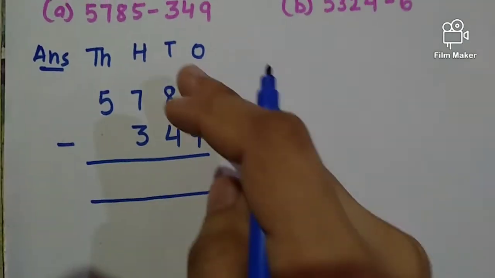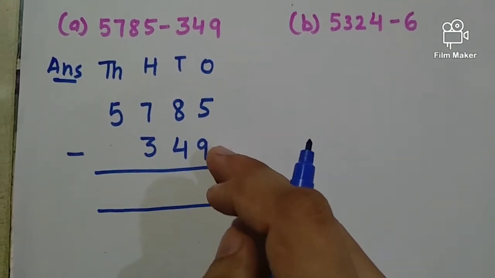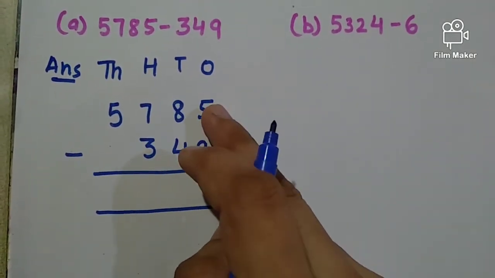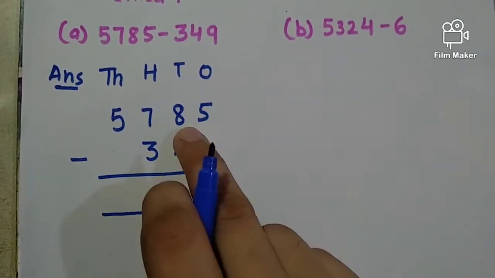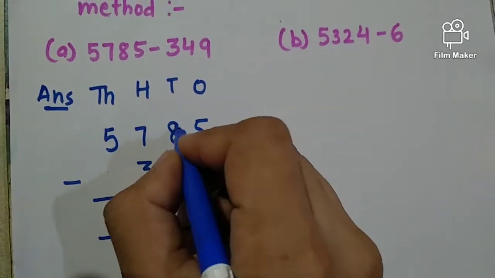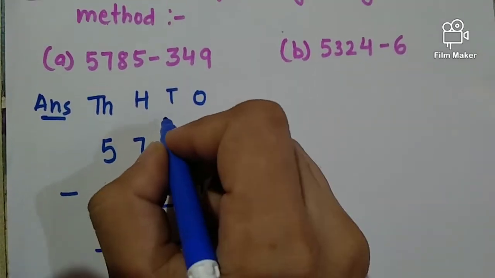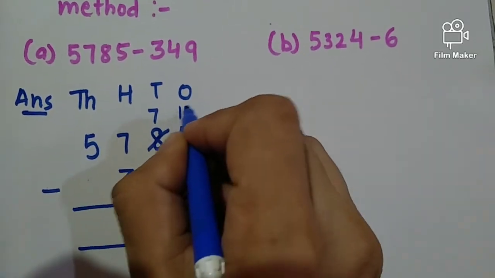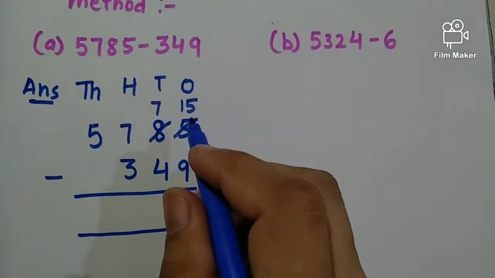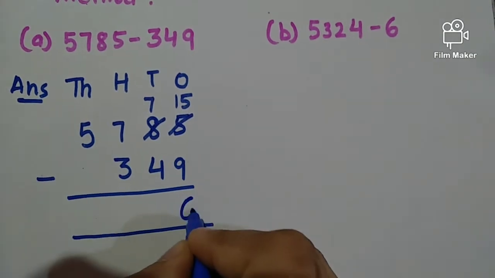Okay, let's start from the ones place. First of all, can I subtract 9 from 5? No, I can't because 5 is smaller than 9. So we have to take carry from the tens place. If I take carry from 8, here 7, and then here it becomes 15. So now I can subtract 9 from 15. What I get, 6.